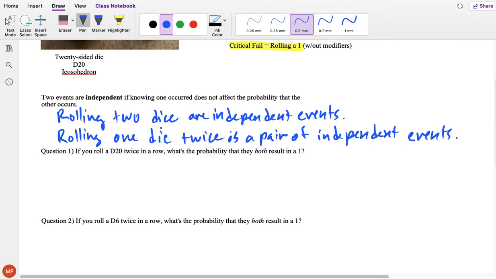Of course, you can extend this to rolling 3 dice, rolling 1 die 3 times, and so on. If you have learned about things like drawing or sampling cards or items with or without replacement, rolling a die is like sampling with replacement.